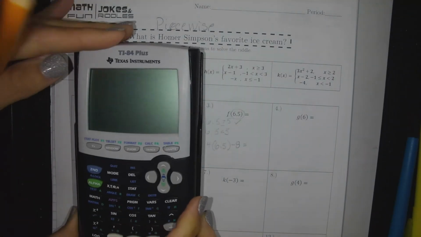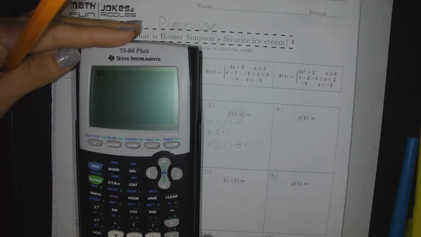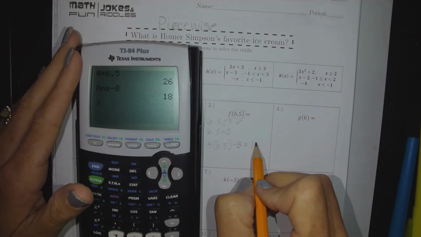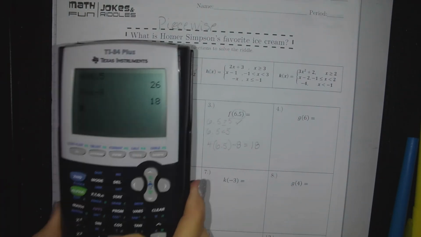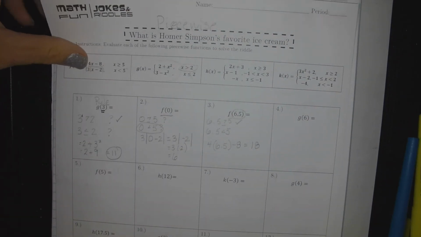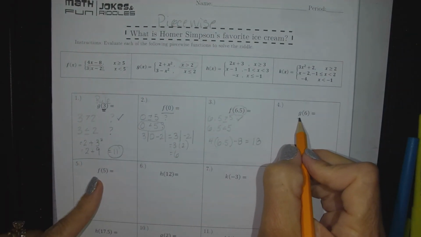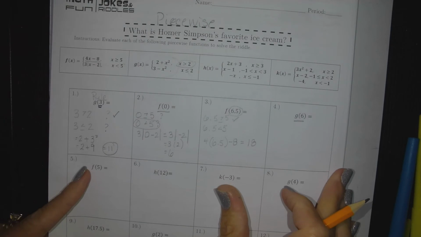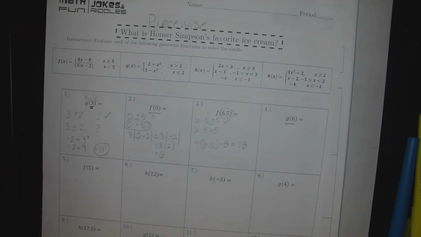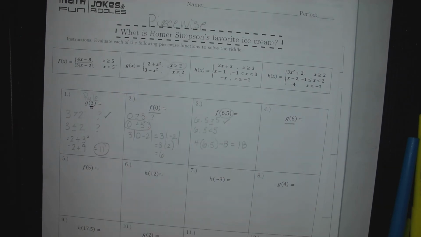And I am going to use my calculator. 4 times 6.5 minus 8 is 18. And that is our answer. Okay. Why don't you go ahead and take a minute and do number 4 now. Make sure you know you're doing the G function.